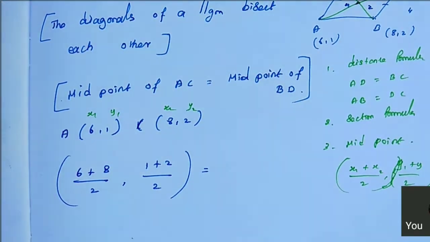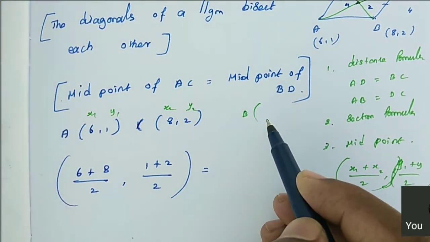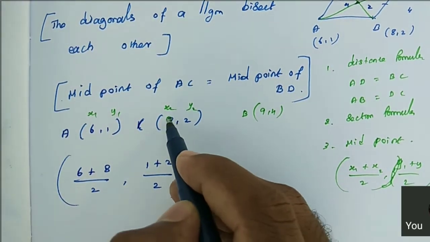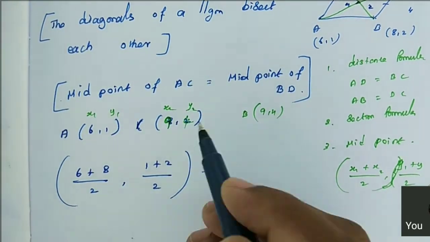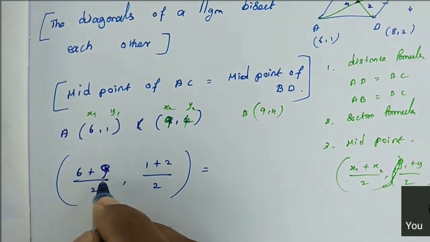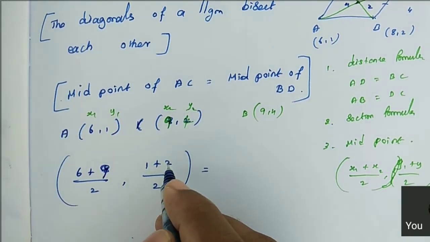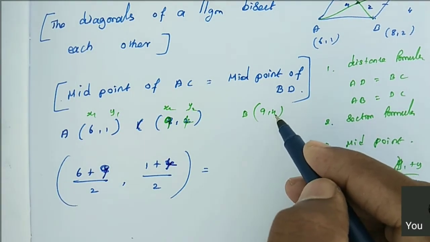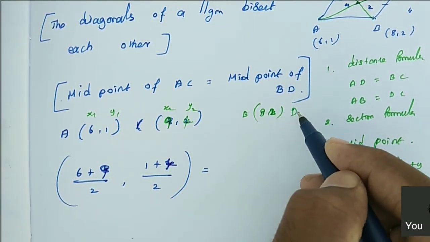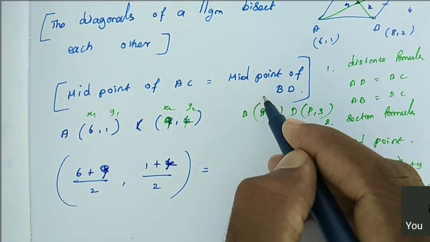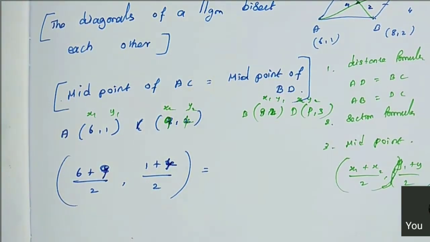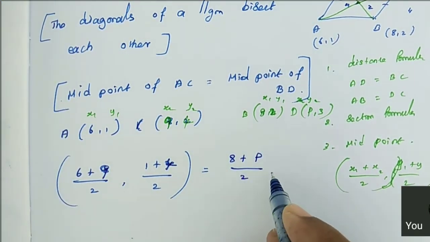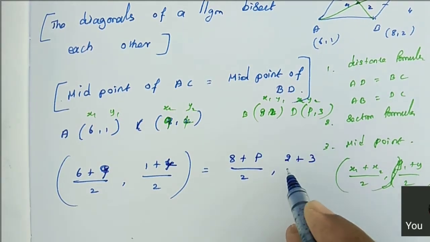Which is equal to the midpoint of BD. B is (8, 2) and D is (P, 3). So it is (8 plus P) divided by 2, comma, (2 plus 3) divided by 2.